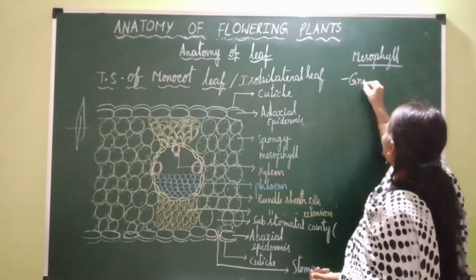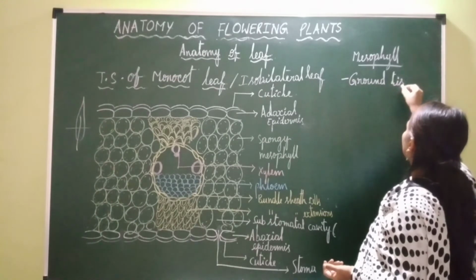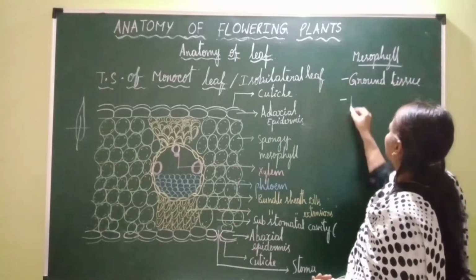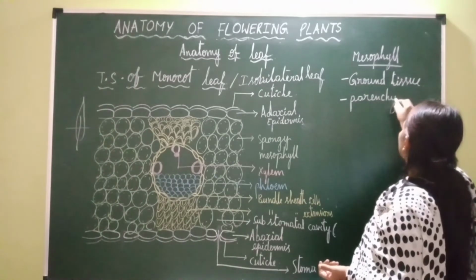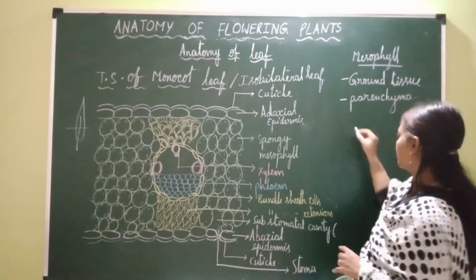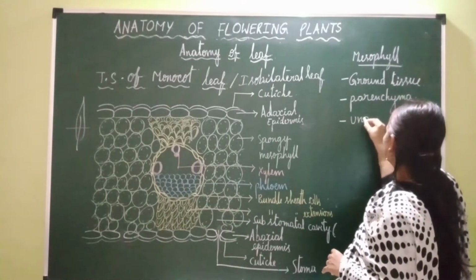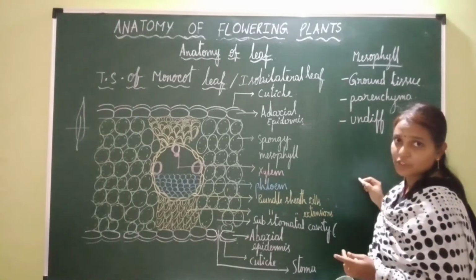It represents the ground tissue of the leaf, which is made of parenchymatous tissue. In case of monocot leaf, this parenchyma, that is mesophyll, is not differentiated. It is not differentiated into palisade and spongy mesophyll.